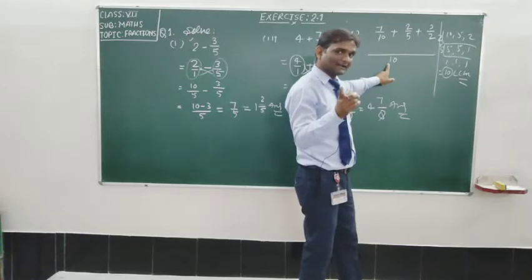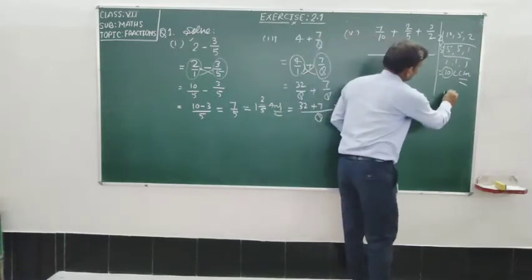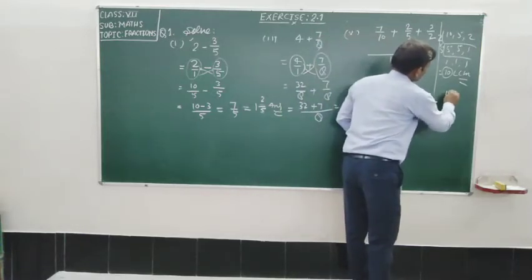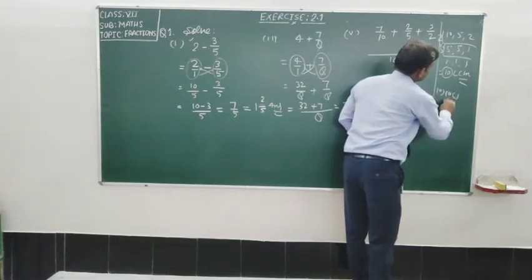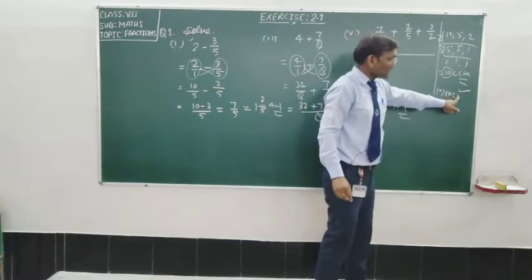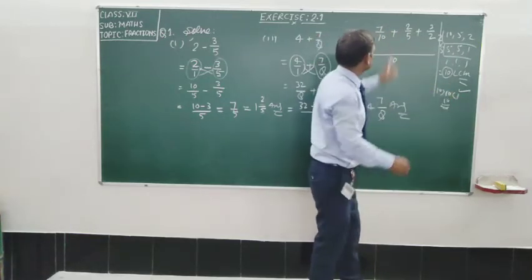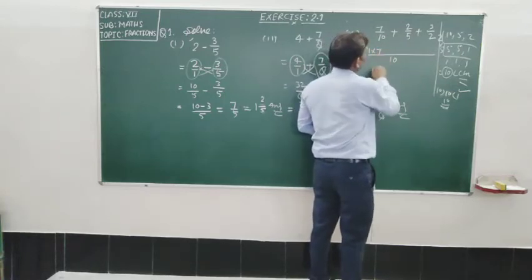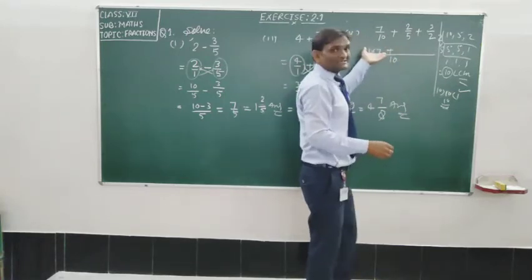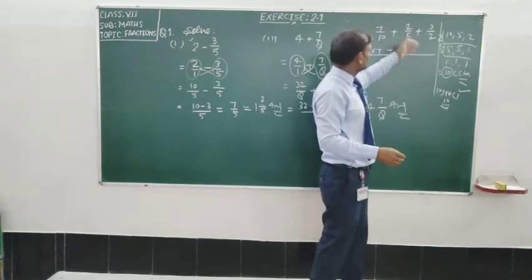10 divided by 10, look here. 10 1s are 10. The quotient is, student, 1. And by 1 you multiply the numerator, meaning 1 into 7, plus. The same process you will apply for the second fraction.